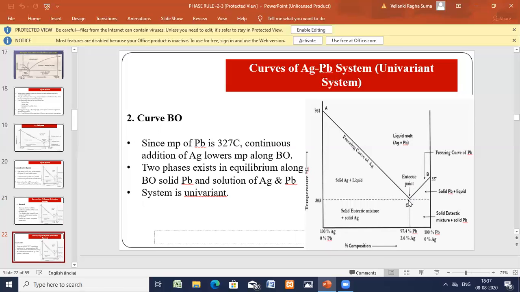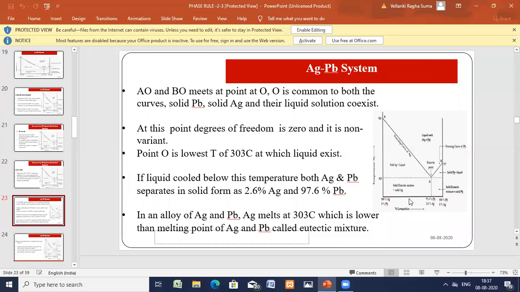Solid lead and the solution of these two get separated here, and this is a univariate system. Now AO and BO meet at point O. O is common to both the curves. For this silver curve, addition of lead solidifies.